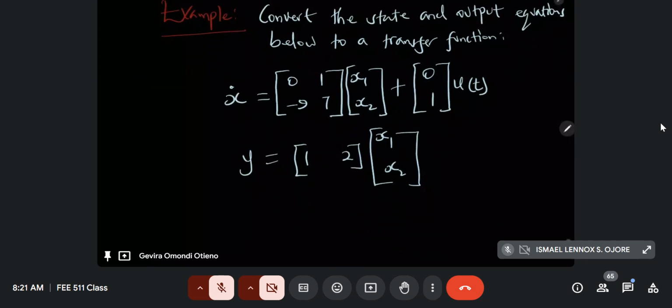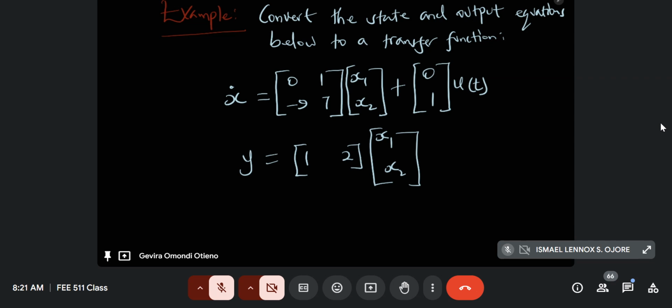If you're given this form and I ask whether you understand how this control system works, it would be difficult, because you have a bunch of matrices and state vectors, and it's very difficult to know the relationship between the input and the output of a system just by looking at these state and output equations.